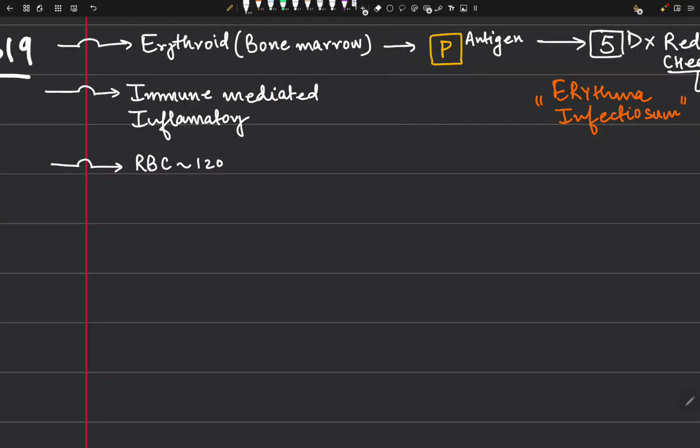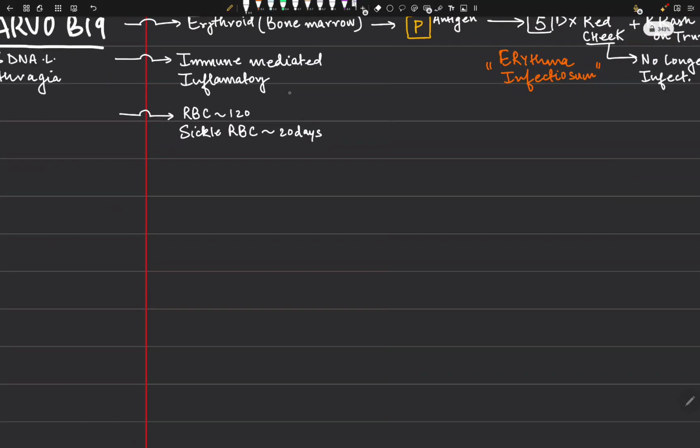But in sickle cell disease, we have HbS, hemoglobin S, a bad shape that looks like a sickle. So the RBCs are destroyed much faster. A sickle RBC dies in around 20 days.